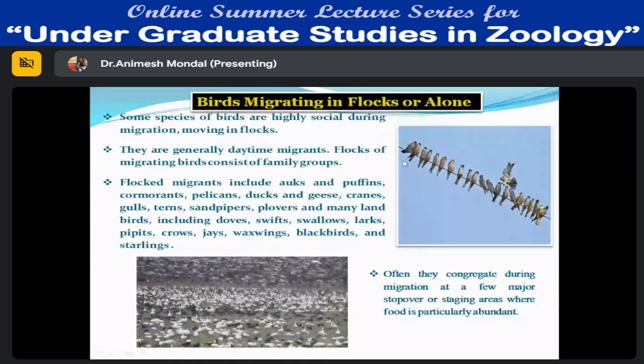As you can see here in the right side corner, this is a group of Amur falcons. Flock migrants include auks, puffins, cormorants, pelicans, ducks, geese, cranes, gulls, terns, sandpipers, plovers, and land birds include doves, swifts, swallows, pipits, crows, jays. So these are the flock migrants.